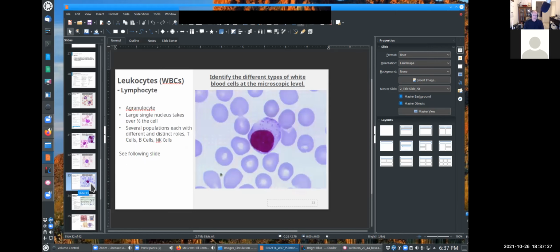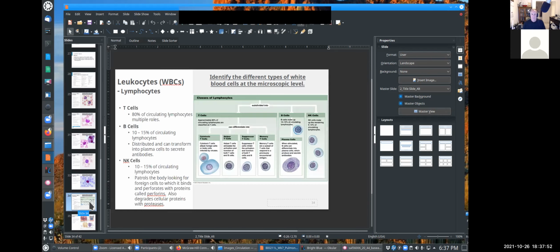Okay. And then last one is lymphocytes. And lymphocytes have a number of different roles. So you have T cells, B cells, which can turn into plasma cells and make antibodies, and natural killer cells, NK cells.